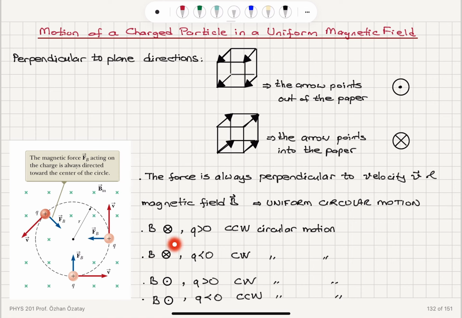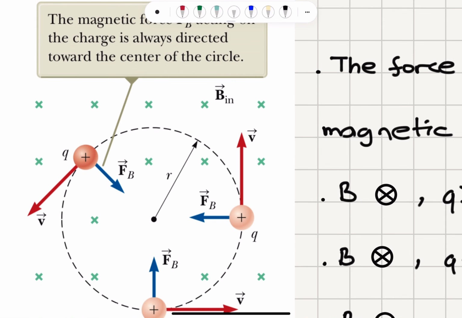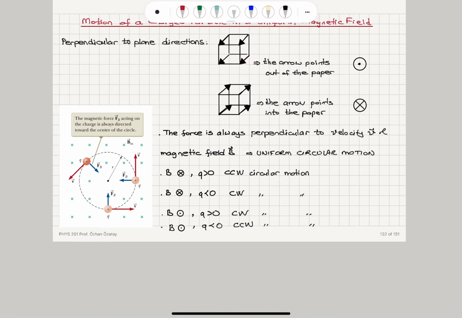If the magnetic field is pointing into the page but the charge is negative, remember, if the charge is negative, I have to use the opposite direction for the force, and that will end up giving me a clockwise circular trajectory.